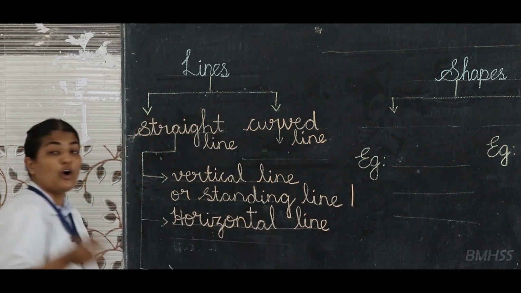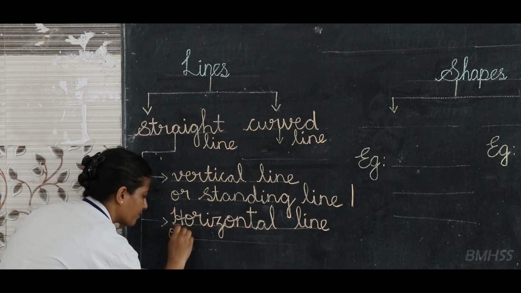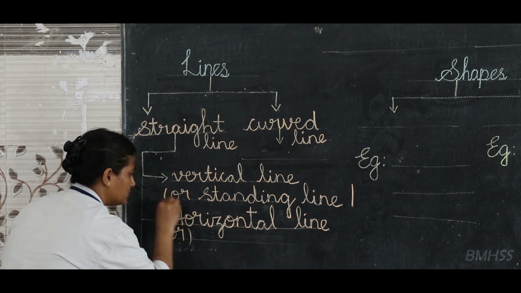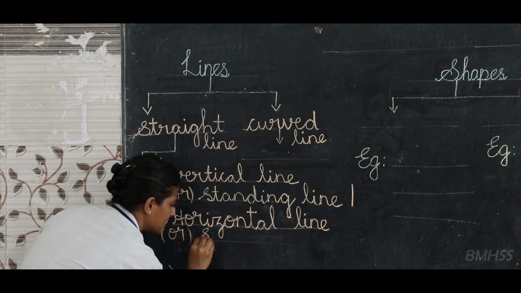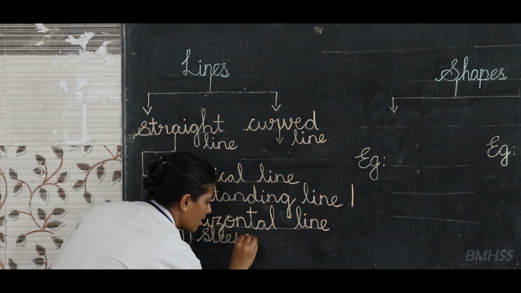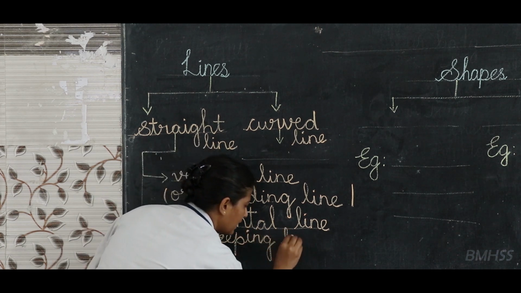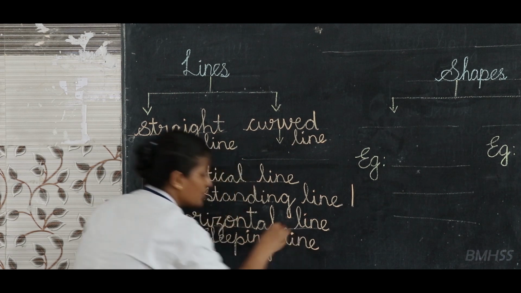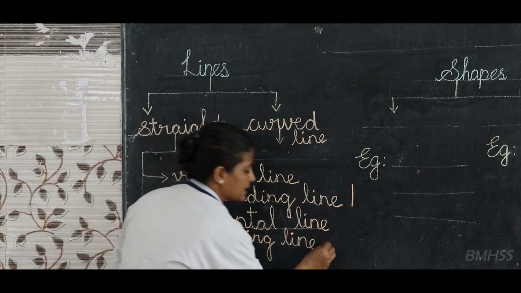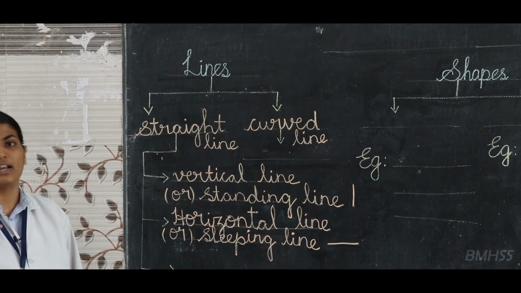Horizontal line is also known as sleeping line, S, L, E, E, P, I, N, G. Sleeping, L, I, N, E. So it looks like this. So this is horizontal line or sleeping line.